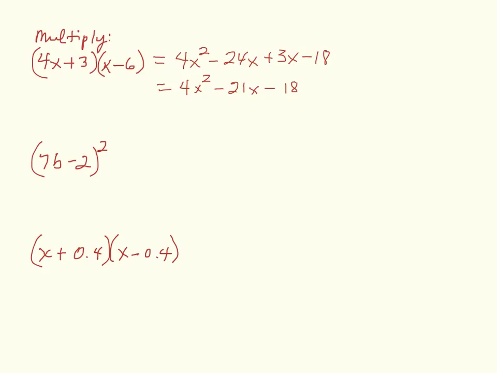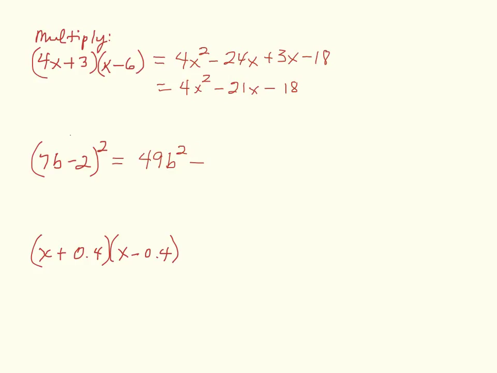Okay, the next one is a binomial square. Go back to the formula. When you square a binomial, you square the first term, so we get 49b squared minus, because this is minus, we put a minus here.